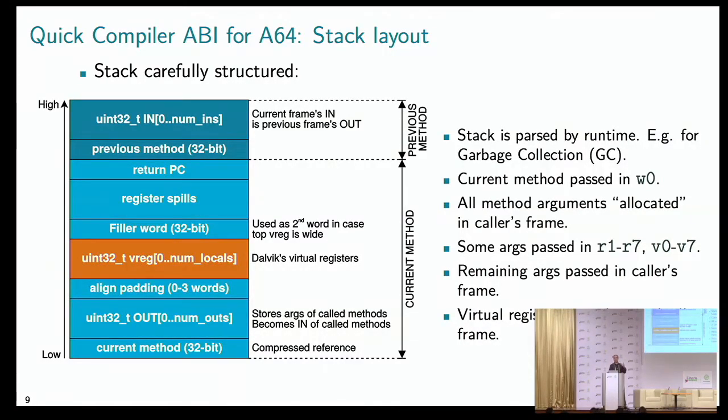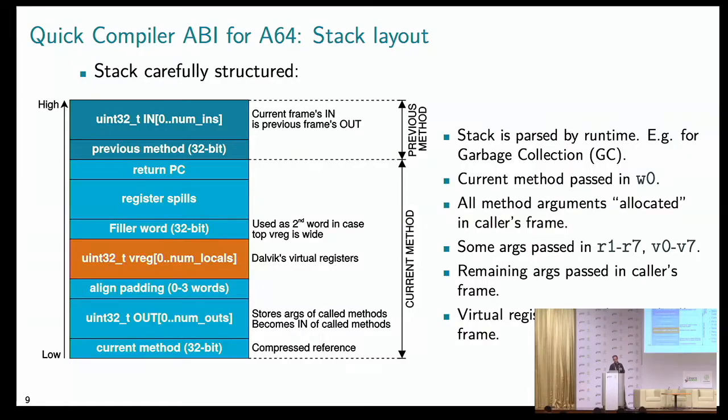The stack is really carefully structured in the quick compiler. We need to follow a protocol. As I said before, for garbage collection and similar tasks, the runtime needs to interpret and make sense of the stack. Therefore, in every part of ART, we need to follow some protocols to make sure that all the parts work properly with each other.